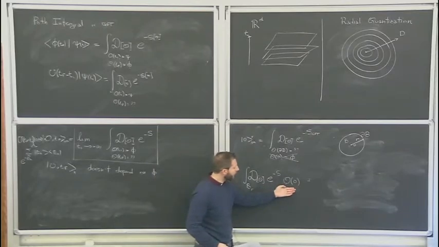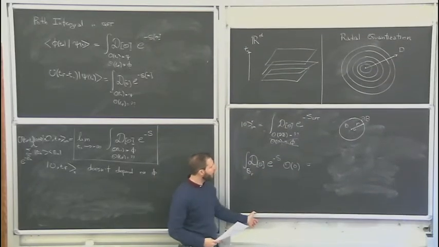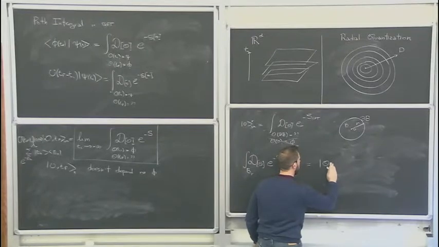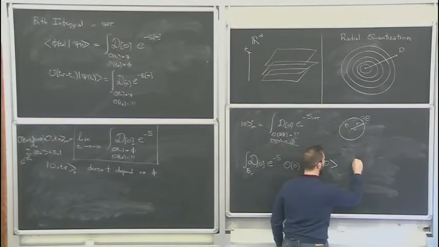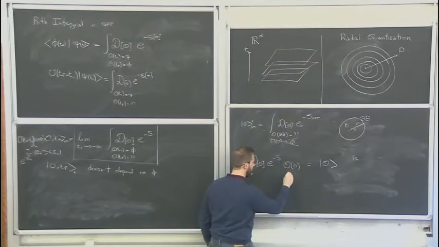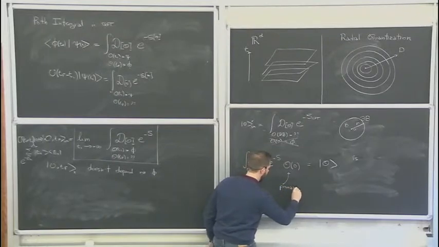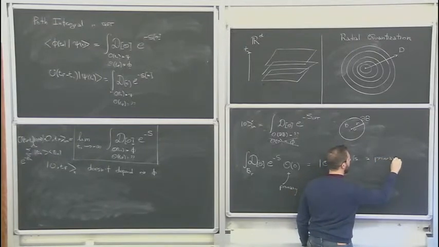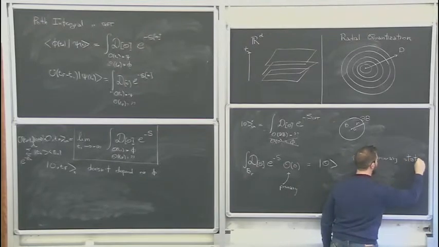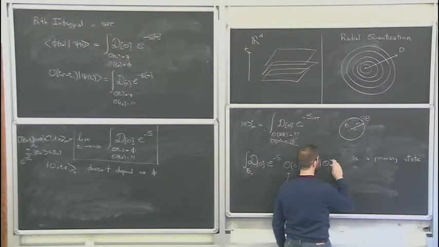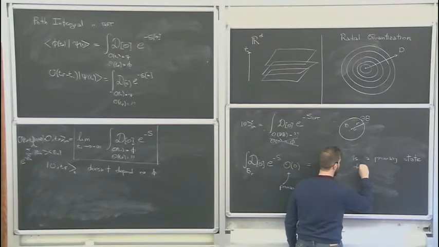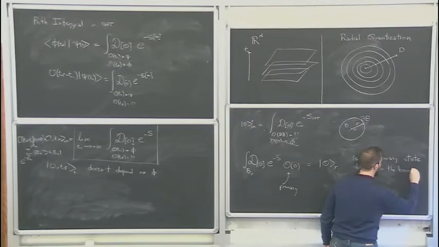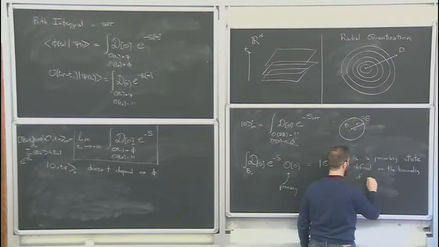Well, this object, you can show very easily, and I will do it in a moment, defines a state, which I will just denote like this, and it is a primary state if O is a primary, defined on the sphere, on the boundary of B, defined on dB.